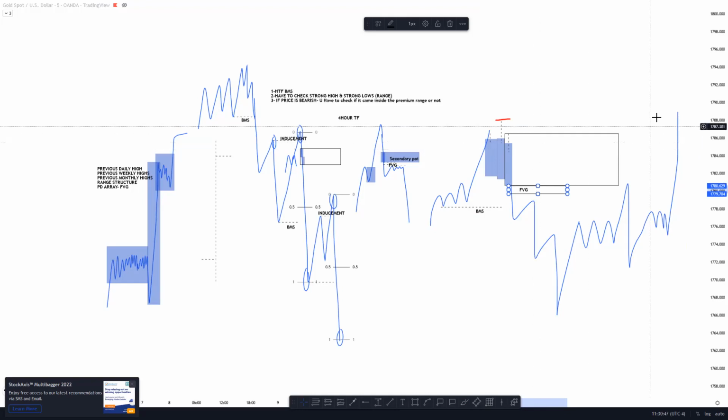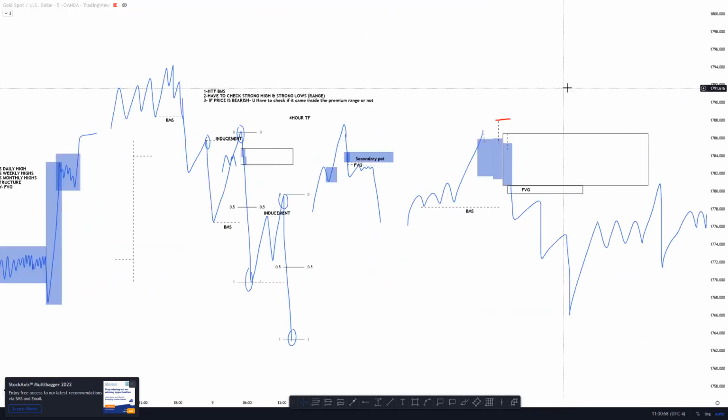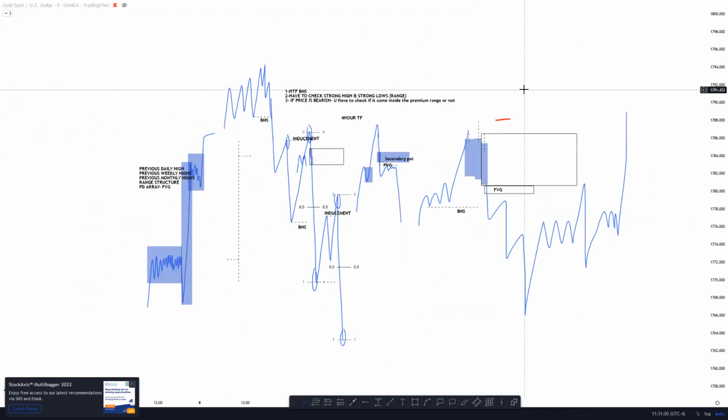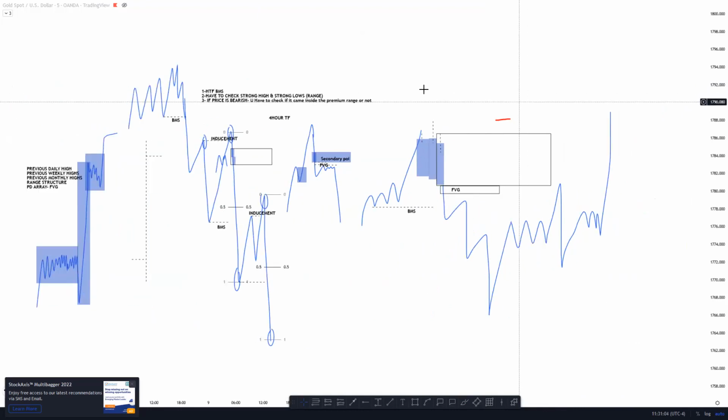Every time frame is the same. It's fractal. That is how some will have wicks and some will have bodies, right? Yeah, exactly. That is how I select my point of interest.